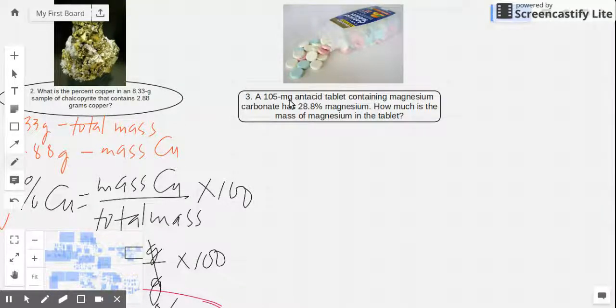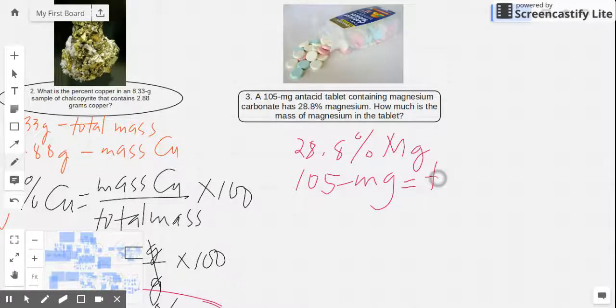So the approach of this problem is kind of tricky because you're given already the percentage of magnesium, 28.8%, in your 105 milligrams of sample, in which, because this is the sample, it's safe to assume that this is the total mass of your substance.